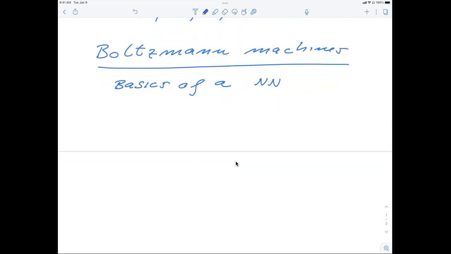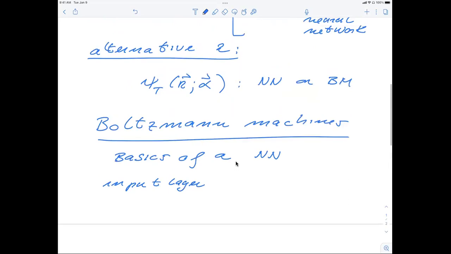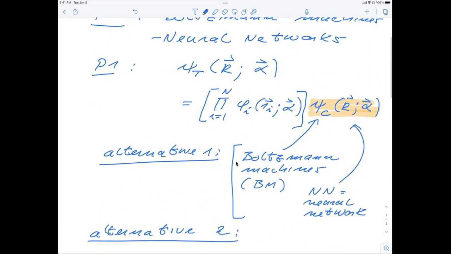So if you now think of the basics of a neural network, what we would have is an input layer. And in our case, the input layer would be the coordinates of the trial wave function which we have.